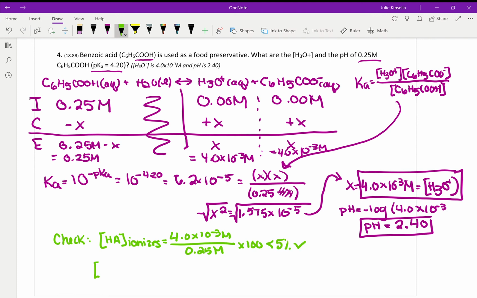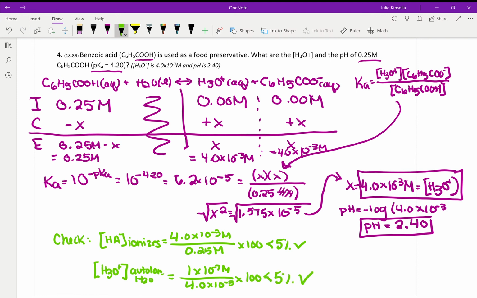And then if I check the hydronium concentration from the autoionization of water, that's 1 times 10 to the negative 7 over our concentration of hydronium from our weak acid, 4 times 10 to the negative 3, and that is also less than 5%.